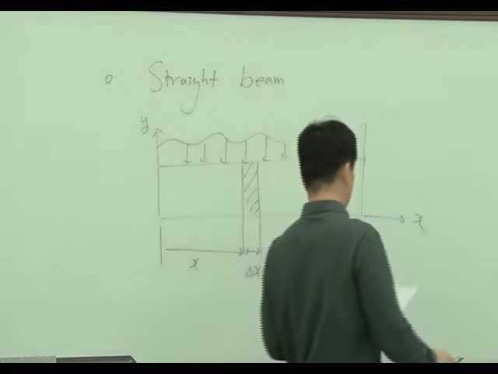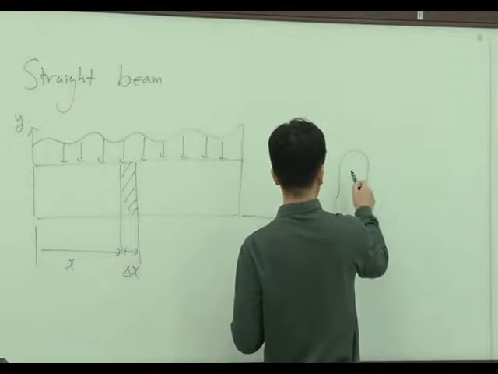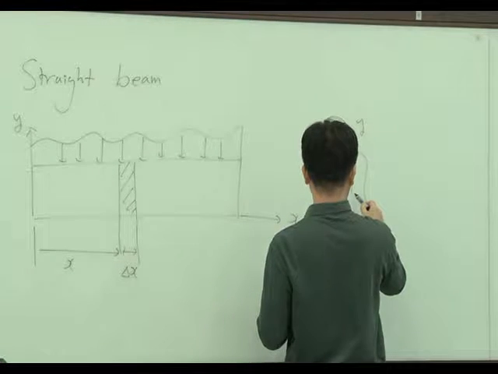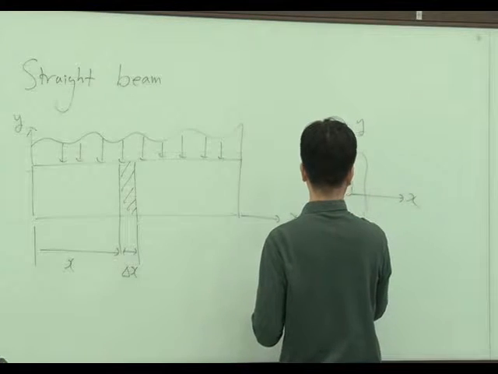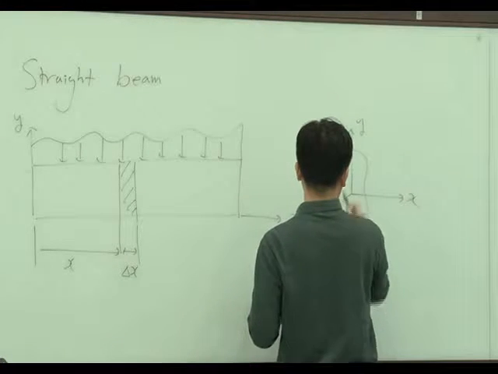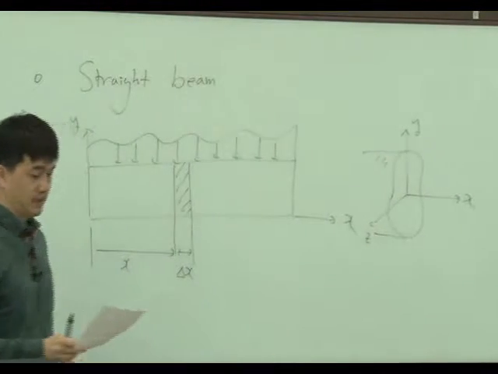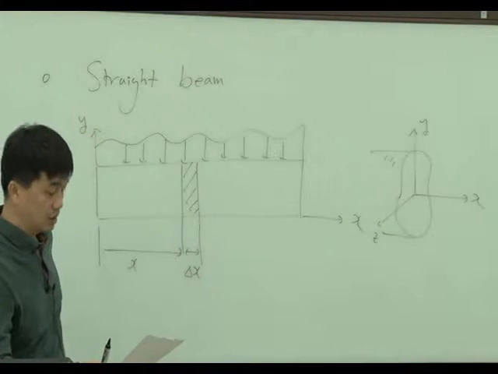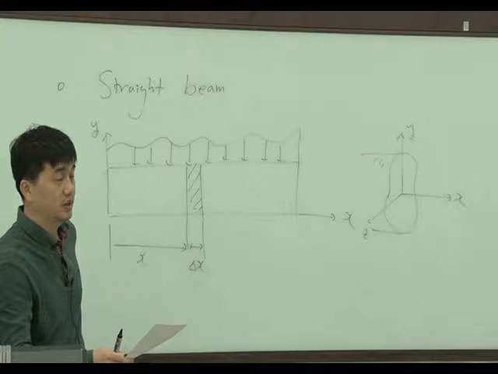And this beam can have some cross-section, y and x, z. Okay, this is the cross-section of the beam. Now I'd like to consider a prismatic beam.